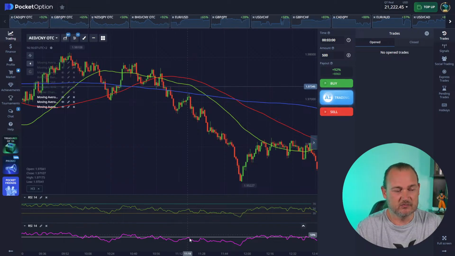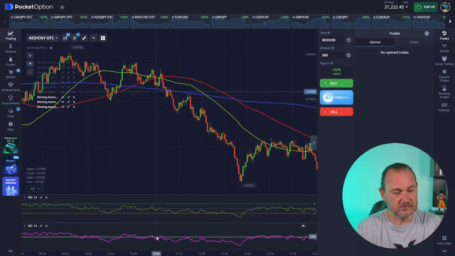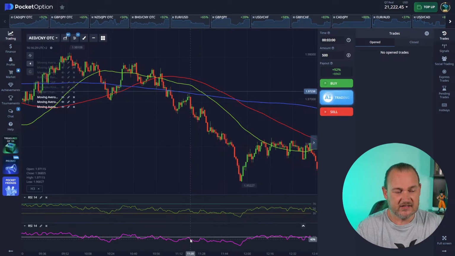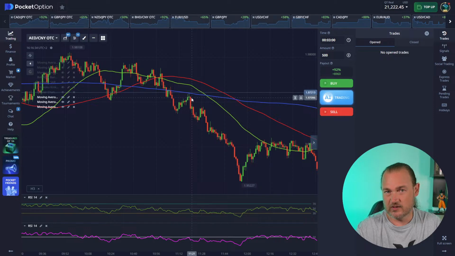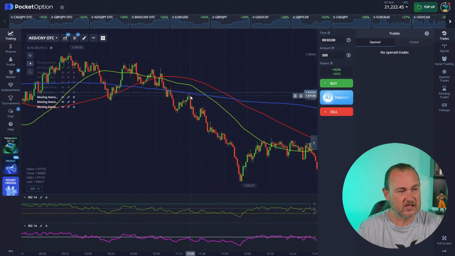At the same time, I'm looking at my RSI. My RSI went bearish. At the start of this bearish move, the RSI started dipping, pushing up every now and then, but eventually we fell below the 50 line. So this is showing me that price has bearish momentum. The RSI came back for a retest of the 50 line at the same time that price went for a retest of the 200 moving average.